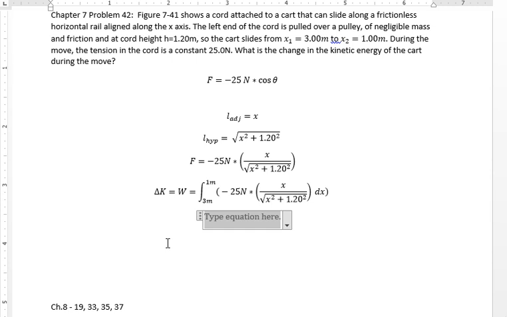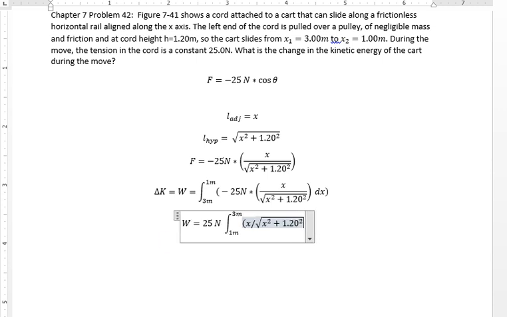So step one, I'm going to pull the 25 out, and the negative sign simply reverses the order of integration. Now we have the integral of x divided by the square root of x squared plus 1.20 squared dx.